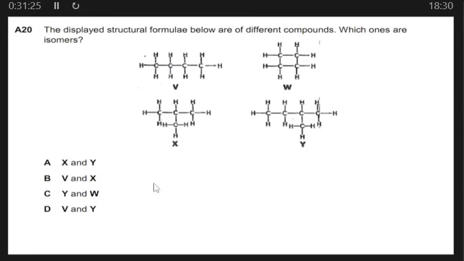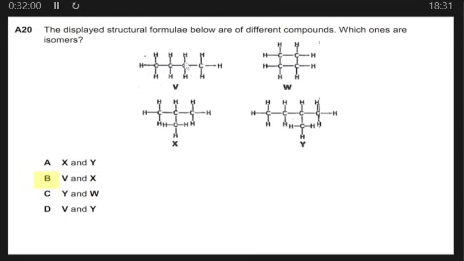So you should know that isomers are organic compounds that have the same molecular formula but different structural formula. So of these ones here, which ones have different structural formula but the same molecular formula? It is actually these, B, C and X. So C has got the same molecular formula because it has the same number of carbon atoms.